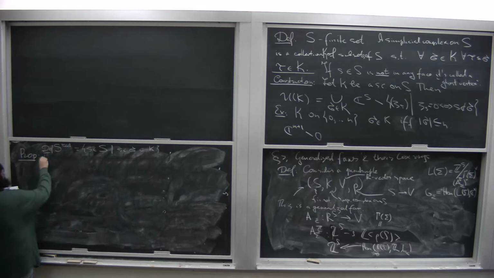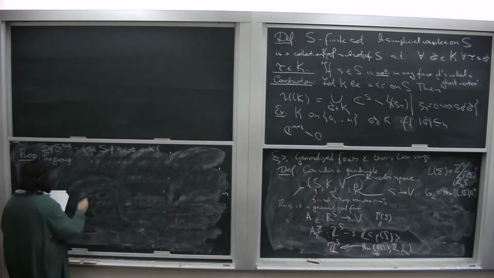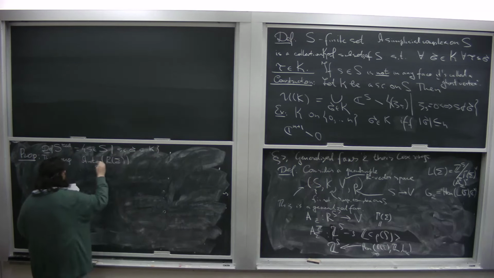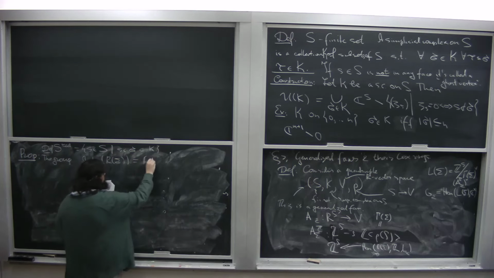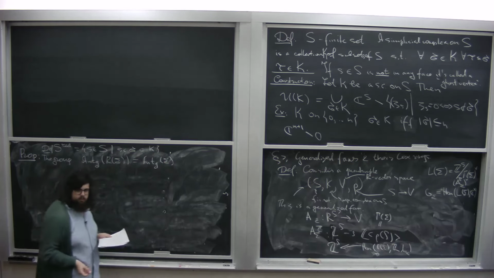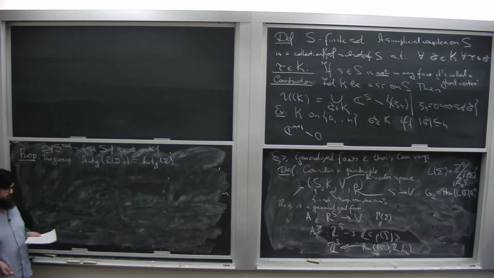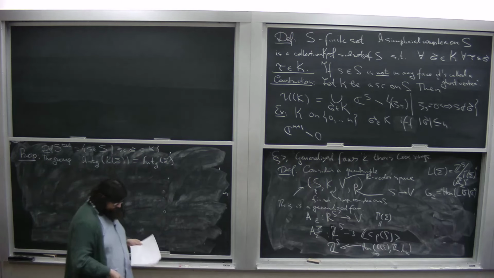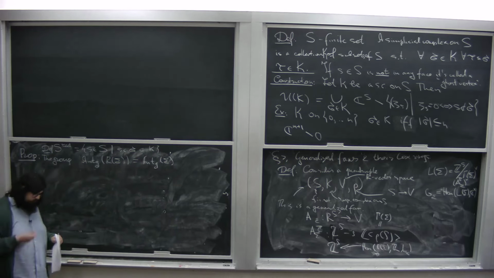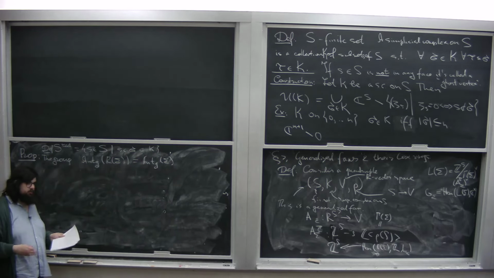Then the group of graded automorphisms of R sigma, which is denoted just by G sigma, is a linear algebraic group, and we can explicitly describe its unipotent radical, and a reductive subgroup that together with this unipotent radical generates the whole group.